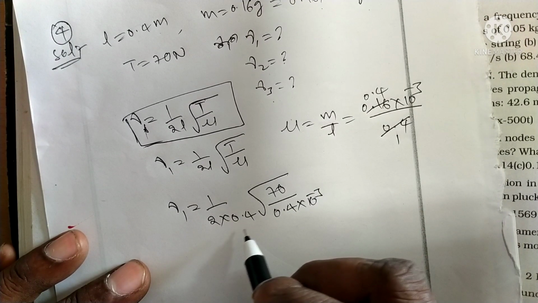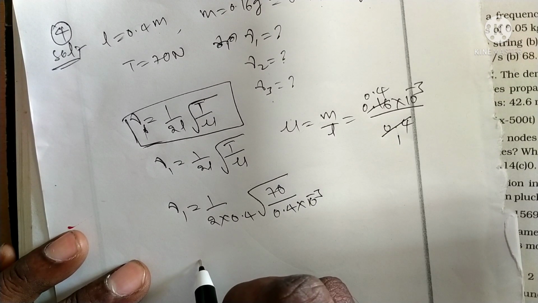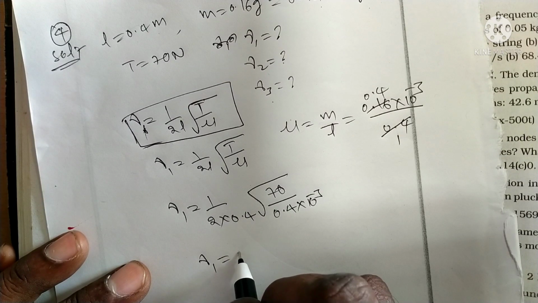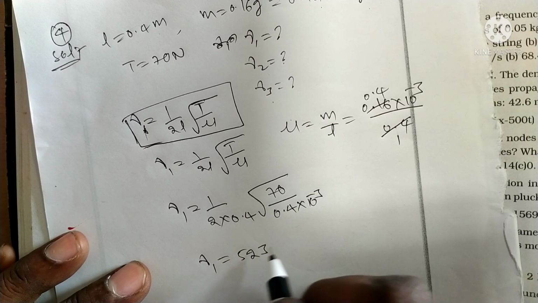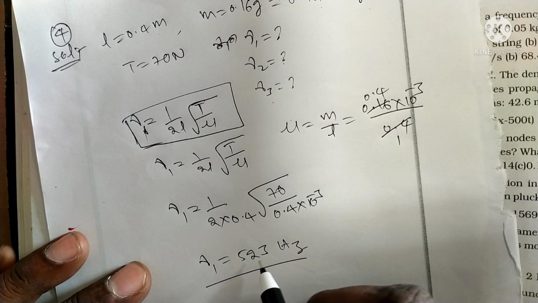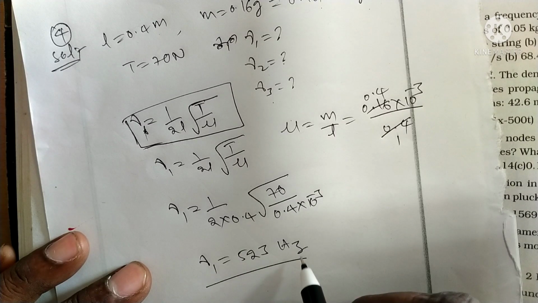Okay, after calculations we get the first mode of frequency, nu1, that is 523 Hz. It is the first mode of vibration at a frequency of 523 Hz.